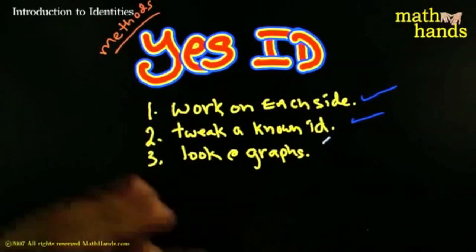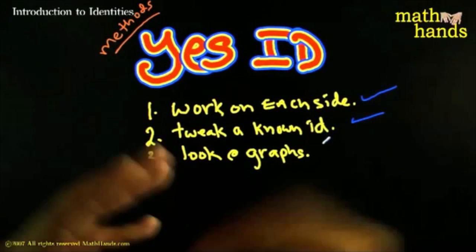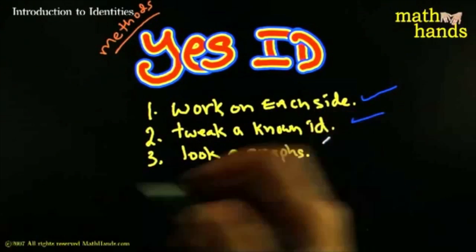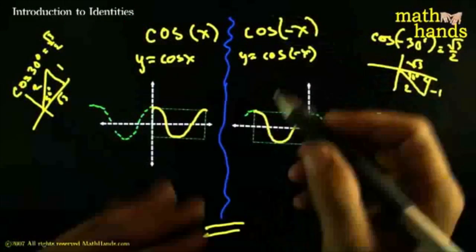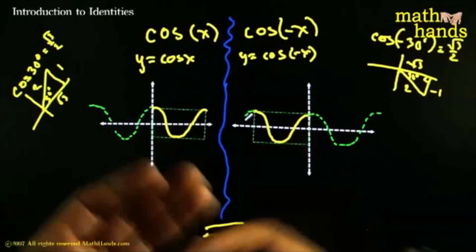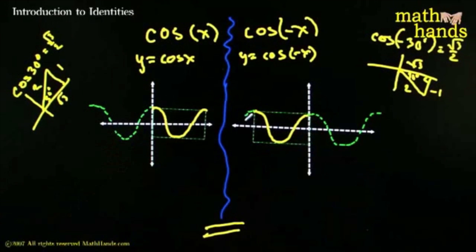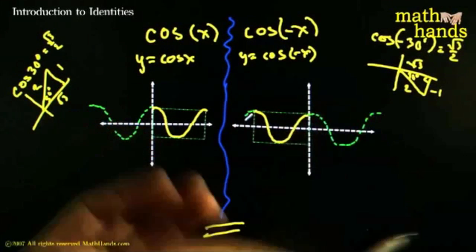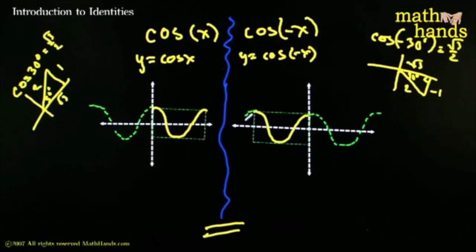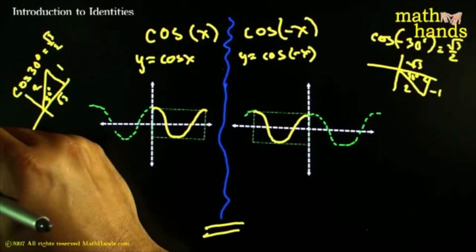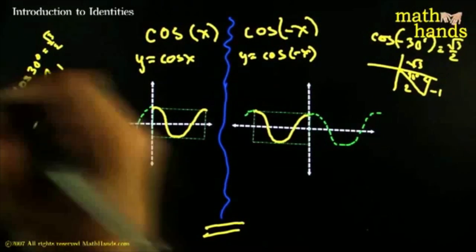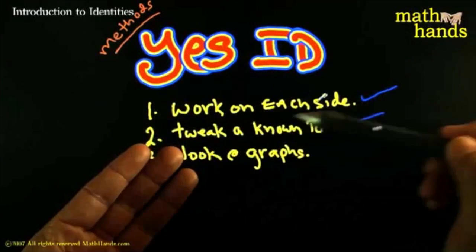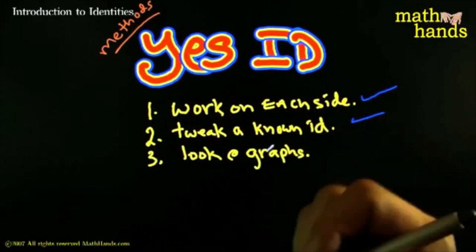I don't mind accepting other people's opinions, but in my opinion, I think these are convincing arguments, and I would consider this a proof, and so would probably most regular folks out there. So that's a proof, and that gives you your third way of looking at it. Either you could work on each side, you could tweak a new identity, or you look at the graphs.